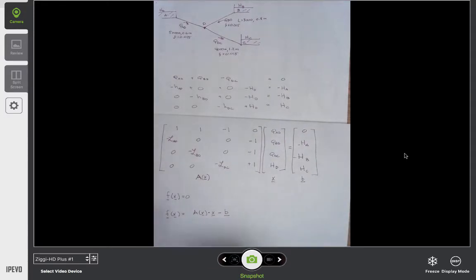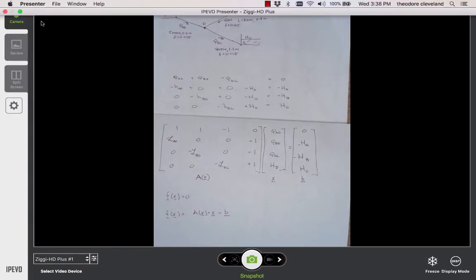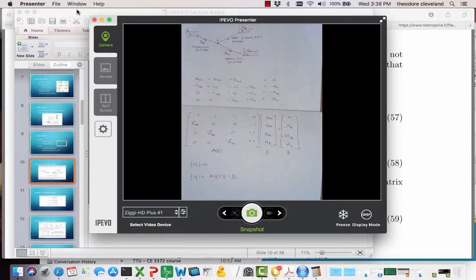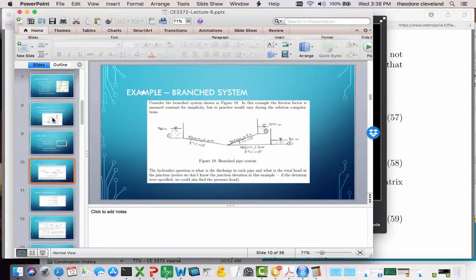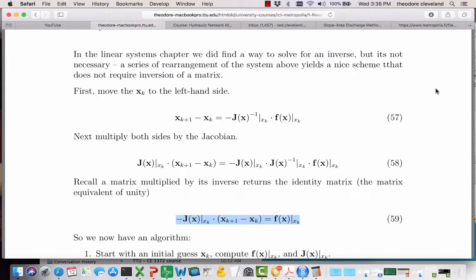So with that, I now know from my prior example that I need to get a Jacobian. I have a way of evaluating that. Once I put in a value for x, I can evaluate the script L's, I can perform the matrix multiplication, I can subtract off the right-hand side. So I can get f of x anytime I have an x.